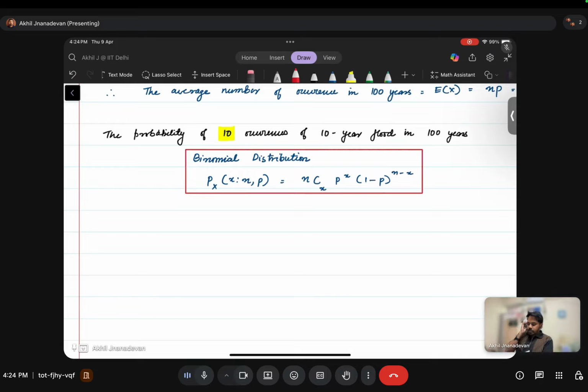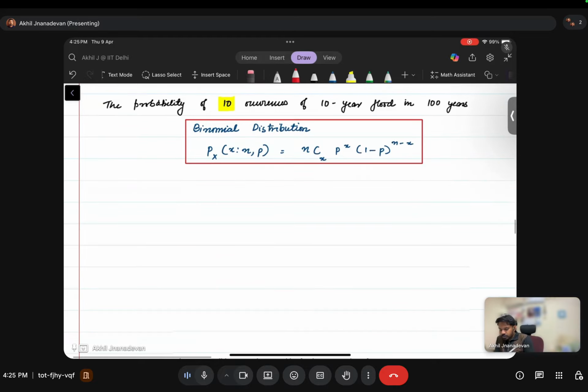The binomial distribution has two parameters, n and p. n is the total maximum number of occurrences possible, and p is the success probability.